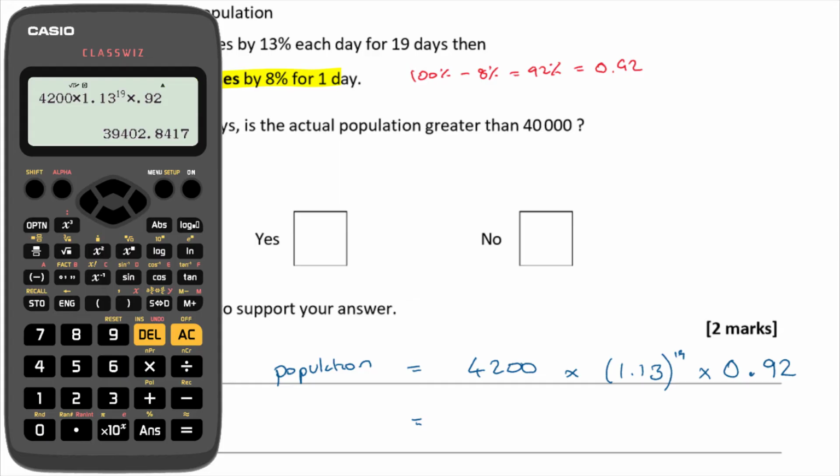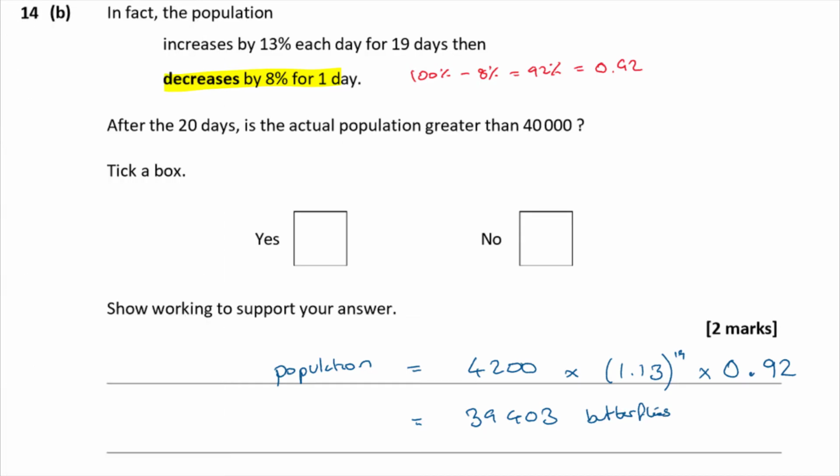I'm going to round that up to 39,403 butterflies, because I can't deal with parts of butterflies. So what's the question? Is the actual population greater than 40,000? No. The population is less than 40,000.